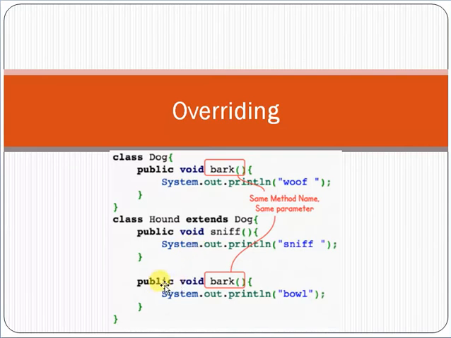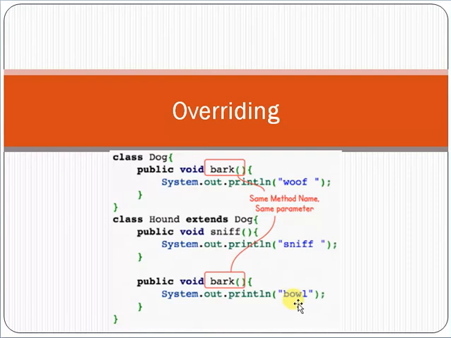And you can see from here it has a method named sniff and another method named bark. If you see, this is the bark method and this is the bark method, the same method name with the same parameter. Here there is no parameter and here there is no parameter. But once you create an object of the class Hound and call the method bark, it will call the method that prints bowl.